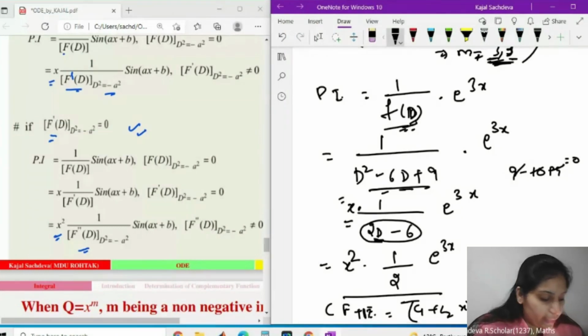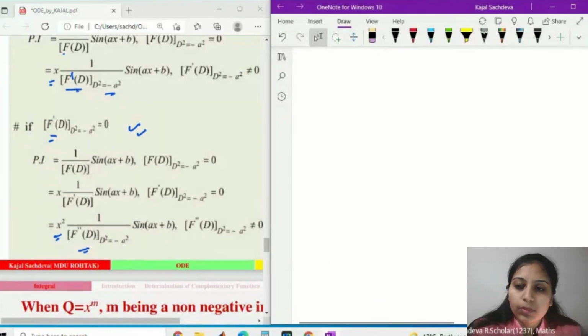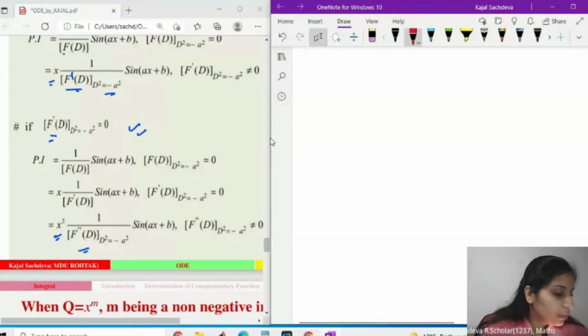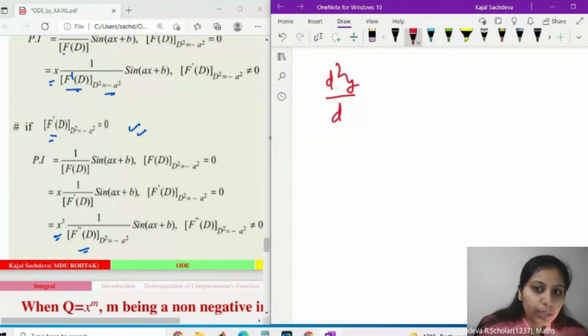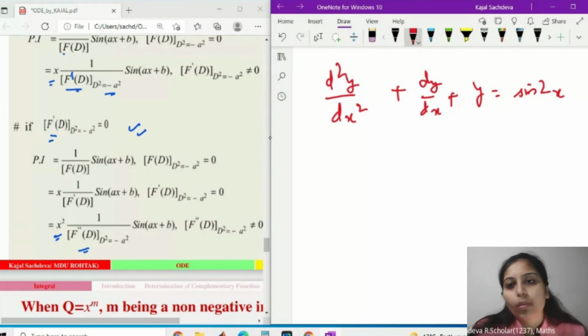So we have an example of a question. Any doubt till now? No, ma'am. Okay. So we have an equation d2y upon dx square plus dy upon dx plus y is equal to sin 2x.